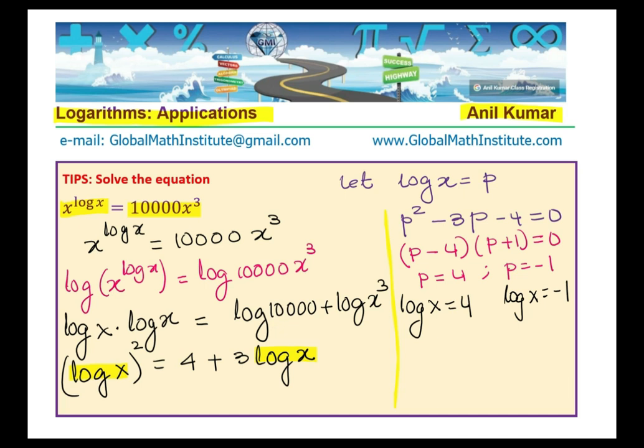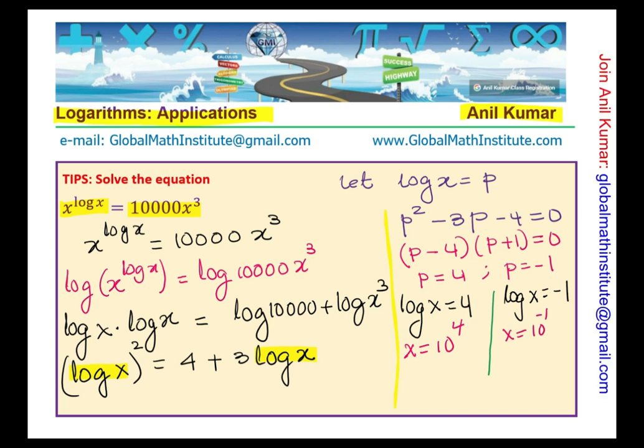So, solving this, we get the value of x as 10 to the power of 4, that is one value. And here we get x equals 10 to the power of minus 1. So these are the two solutions for us in the given scenario.